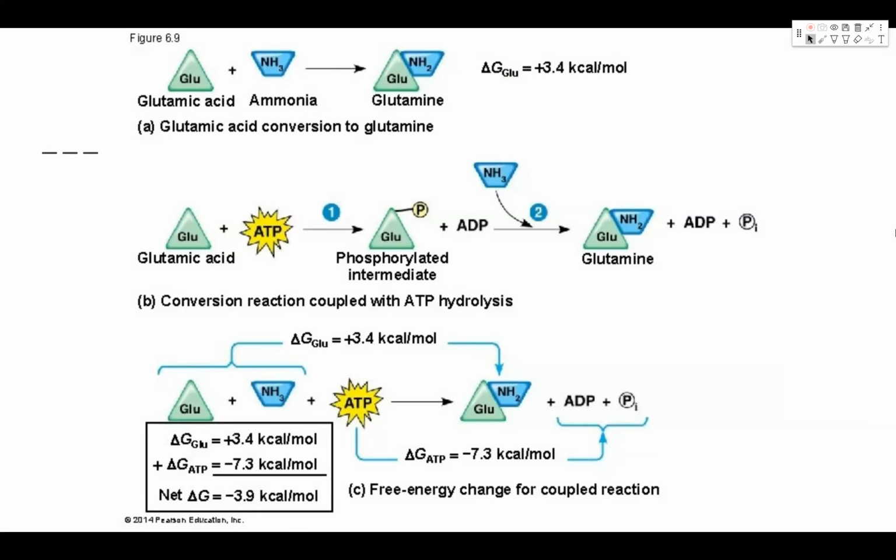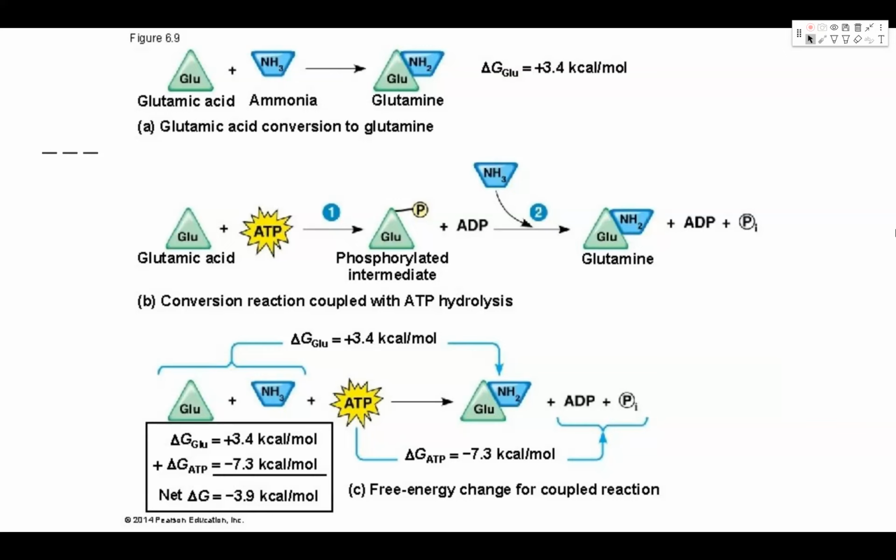And we know that the delta G of that ATP phosphorylation is negative 7.3. So when we do both of these reactions together, our net delta G is just going to be those added together, which is negative 3.9.